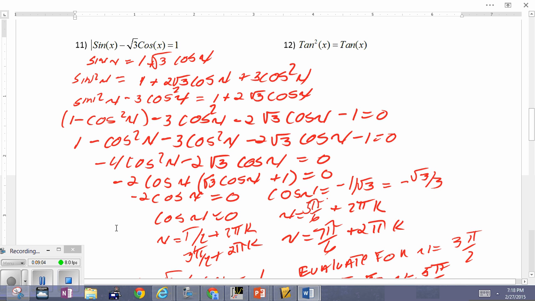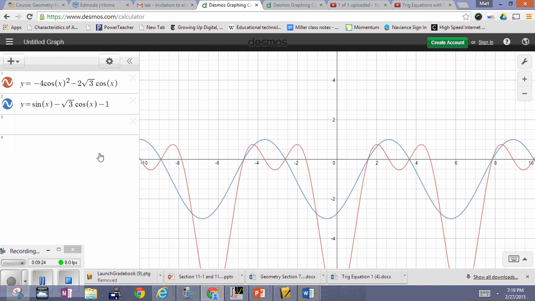And that's what we got. We got the solutions to the altered equation, half of which are acceptable for the original equation. That was made obvious by the graph.